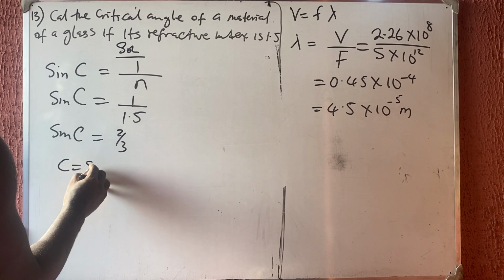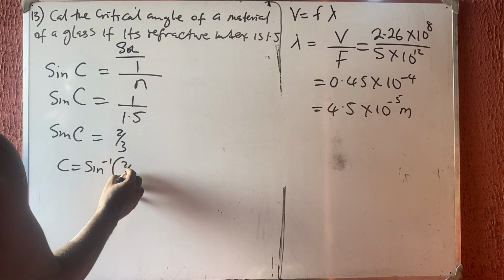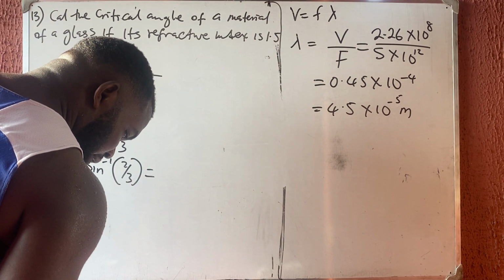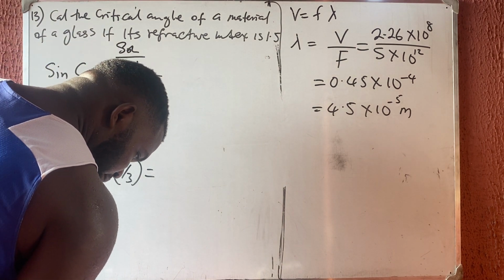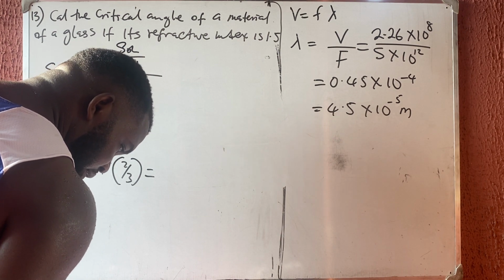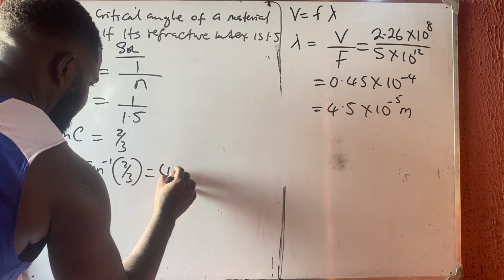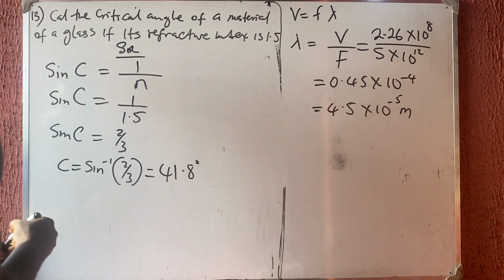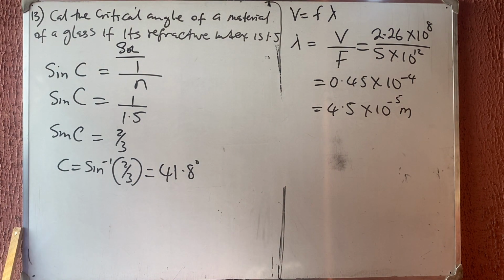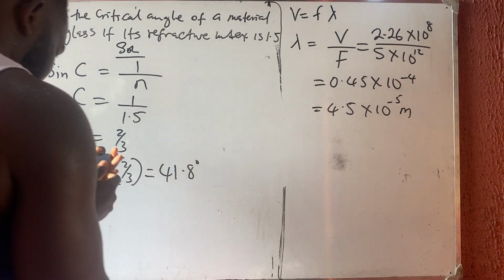So C will now be sine inverse of 2 over 3. Shift sine, and my answer is 41.8 degrees, so approximately 42 degrees. So, question number 14 rather.